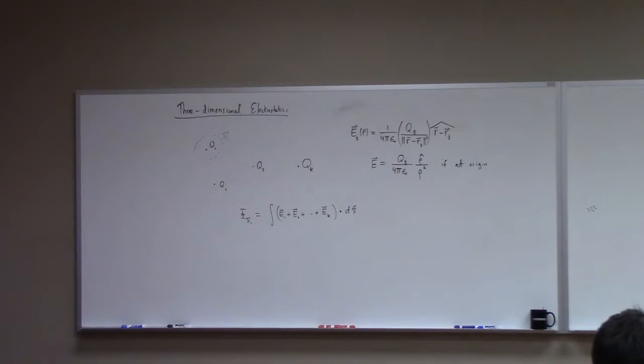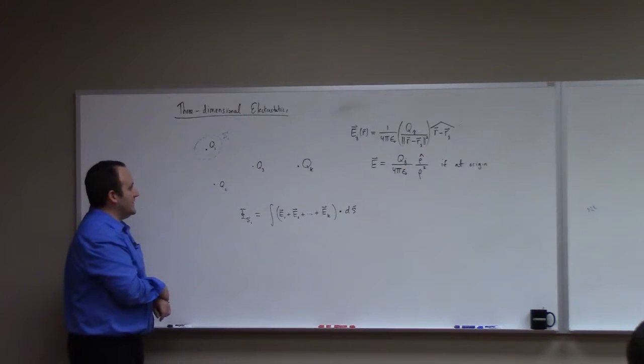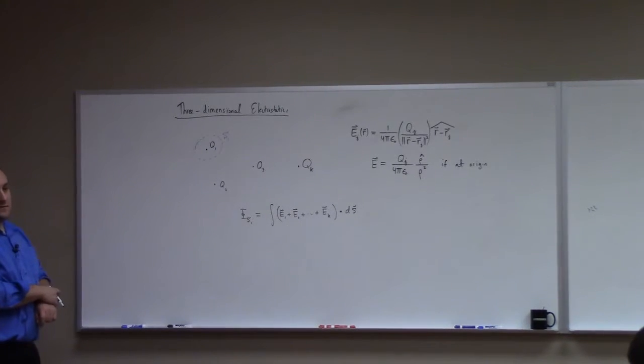Now, what happens with the electric field that comes from the second charge and the third charge and all the way out to the kth charge? Those have zero divergence everywhere.